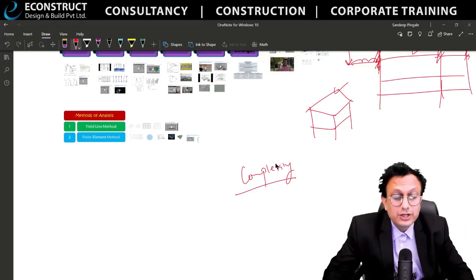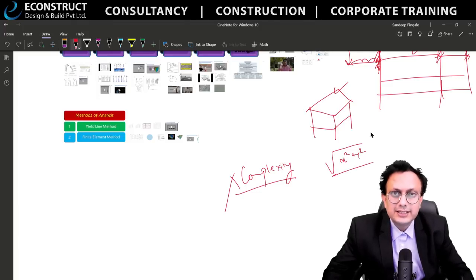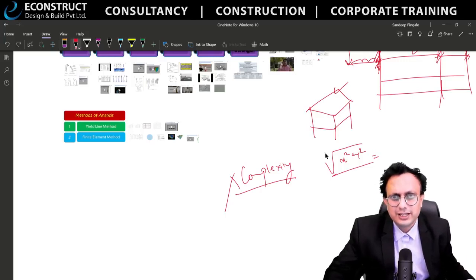So it is not an indeterminate structure, it is a determinate structure. Right, so it is very, very simple. The complexity doesn't exist. And it is very easy to numerically solve certain equations. It is easy for any student to calculate through the calculator or through the logarithmic books and all, and get the answers very easily.